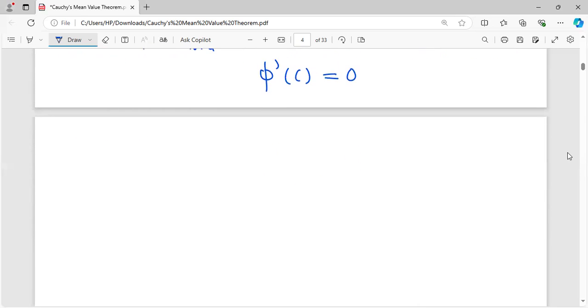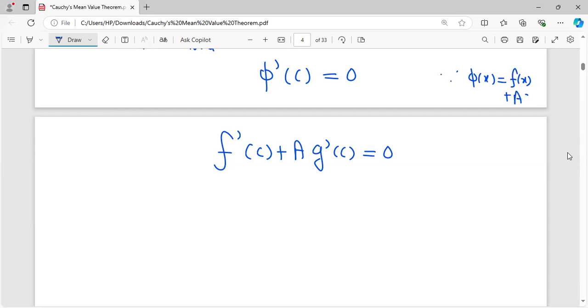So what is phi'(c)? f'(c) plus a times g'(c) is equal to 0, because phi'(x) will be equal to f'(x) plus a times g'(x).